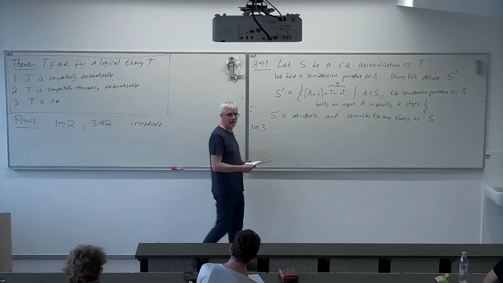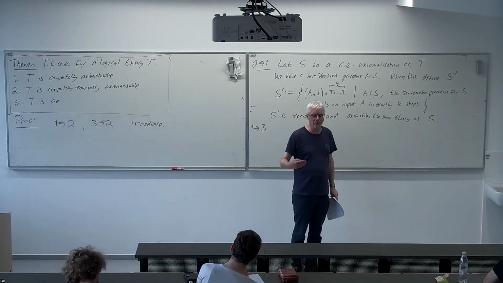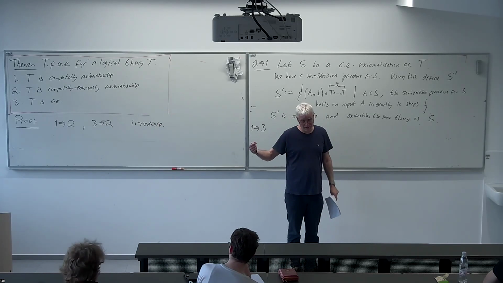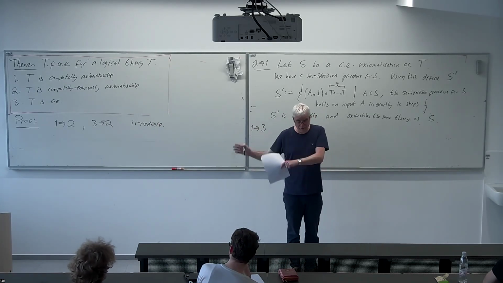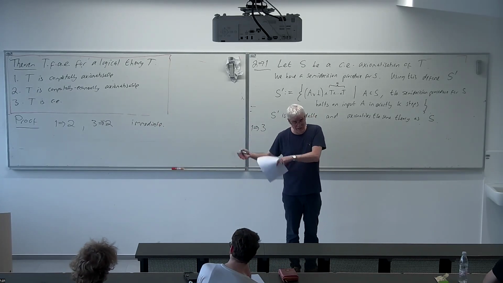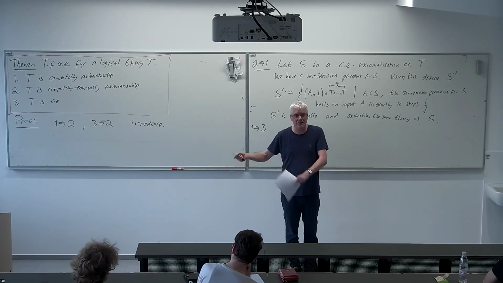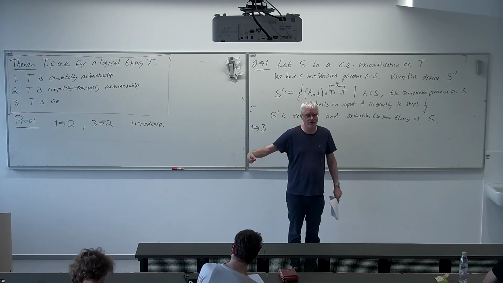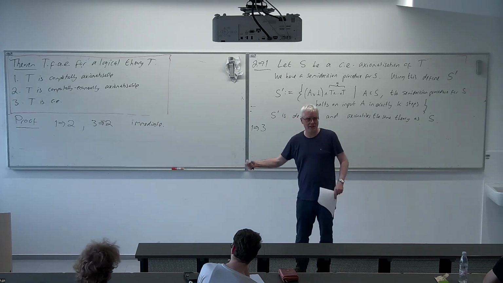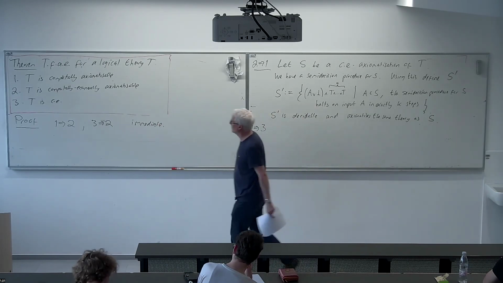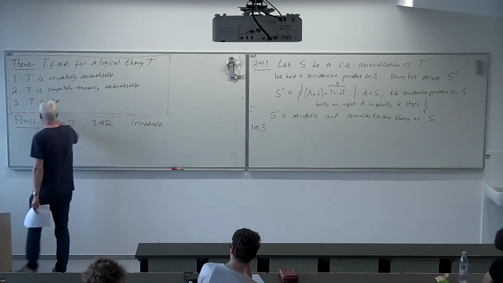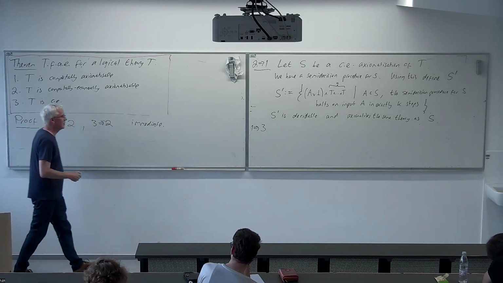To get that it's computably enumerable, by the characterization of semi-decidable sets as computably enumerable sets, it's enough to define a function from the natural numbers to sentences that lists all the sentences in the theory.